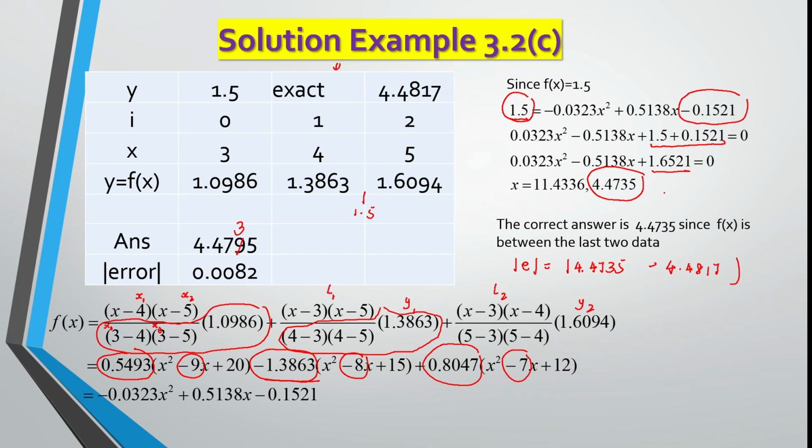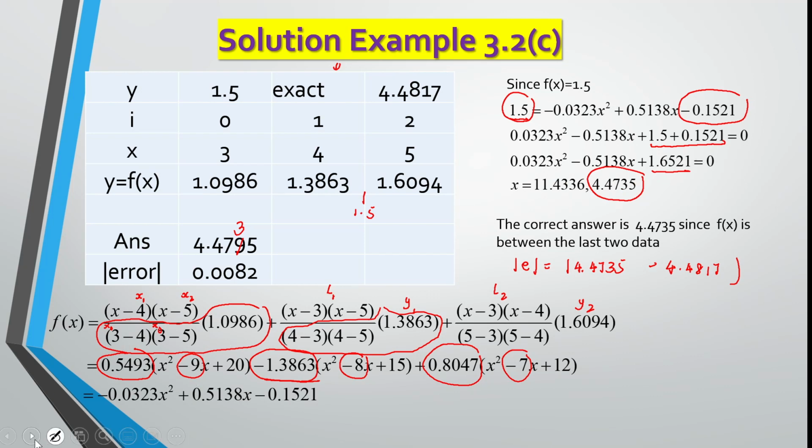So the correct value is this one, 4.4735. So we choose the most suitable one, right? Yes, you have to observe back your data: 1.5 is between 4 and 5, so the answer should be 4.4735.